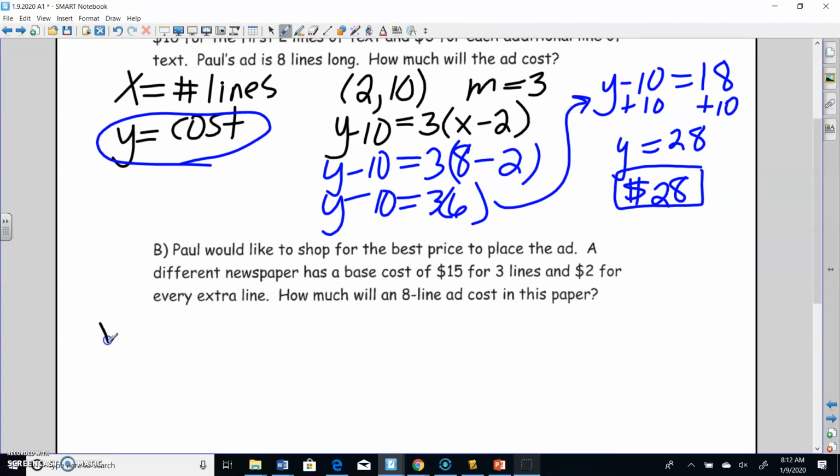So again, on this problem, x equals the number of lines in the ad, y is the cost. And we're already presented with one point on the line because we know the cost of a certain amount of lines. What is that?